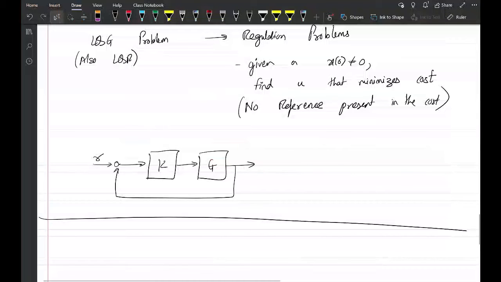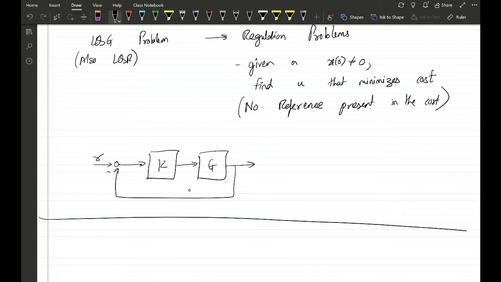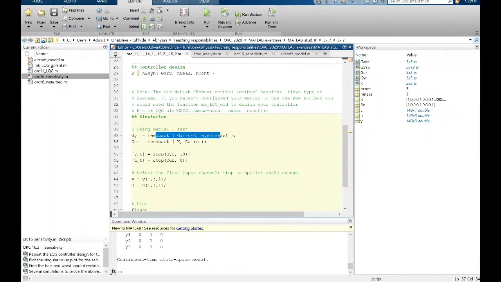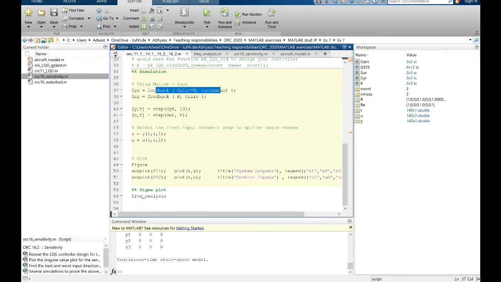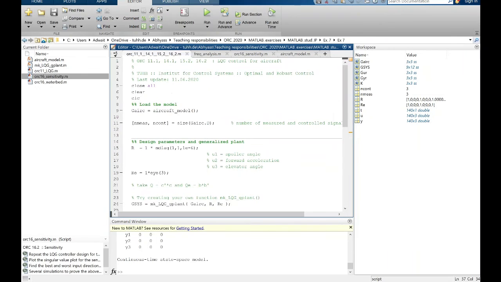So that is this loop. Note with a negative sign that I missed. And then we define these two transfer functions, r to y and r to u. So let's run this.